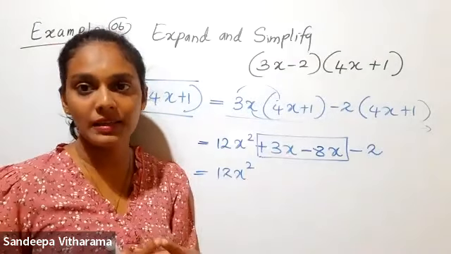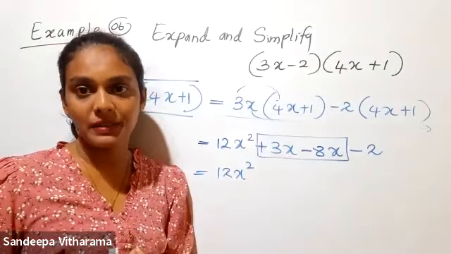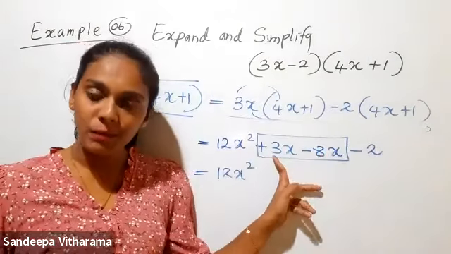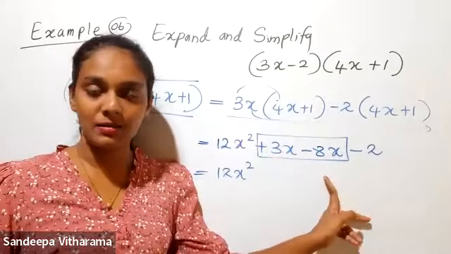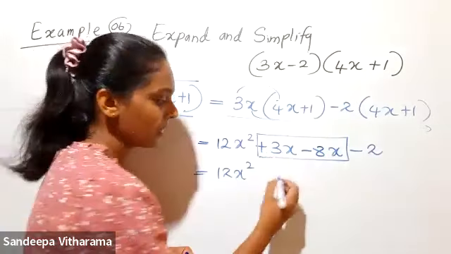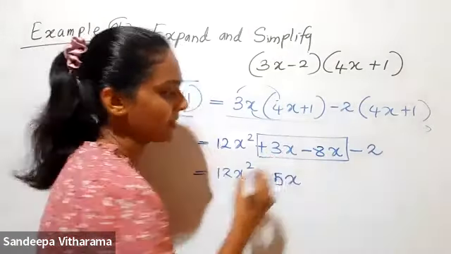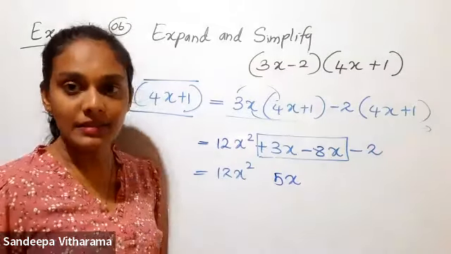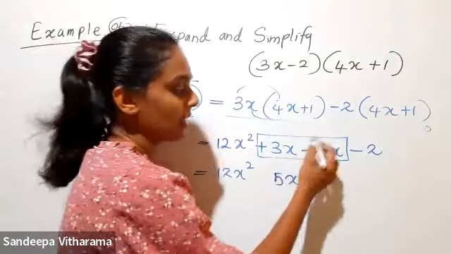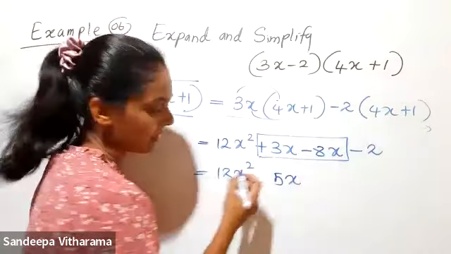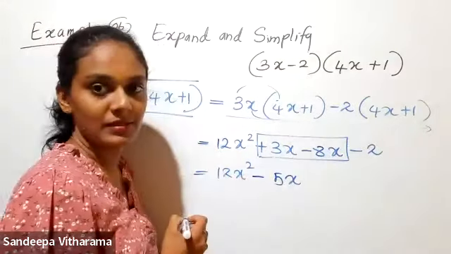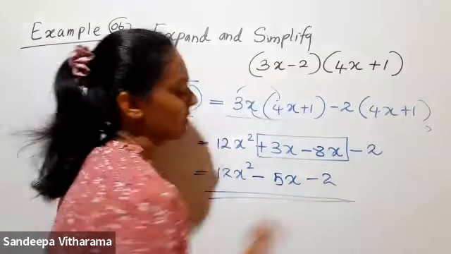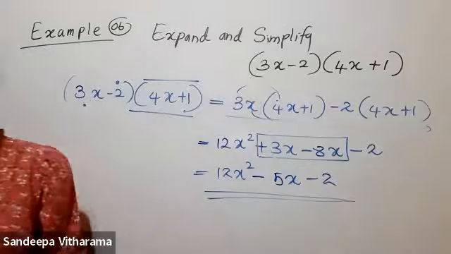In such a place, you have to subtract the small number from the large number. Then it is 5x. Then what is the sign of 5? It is decided by the sign of the large number. It is minus 2. This is the simplest form of the answer.